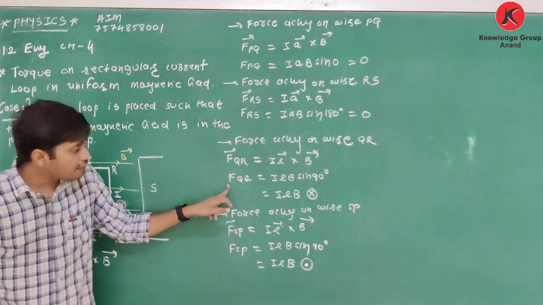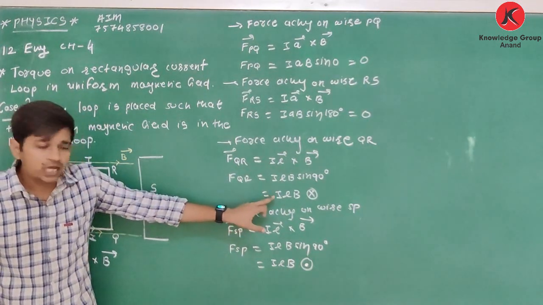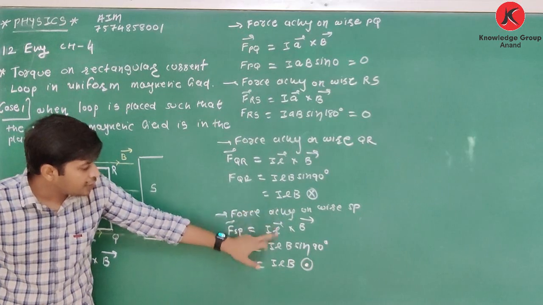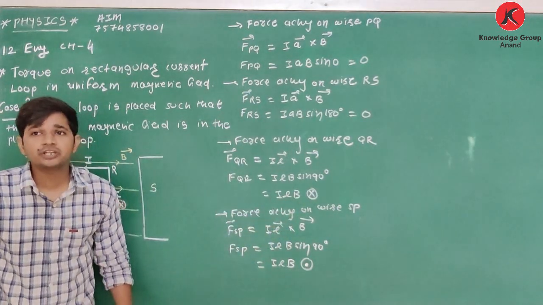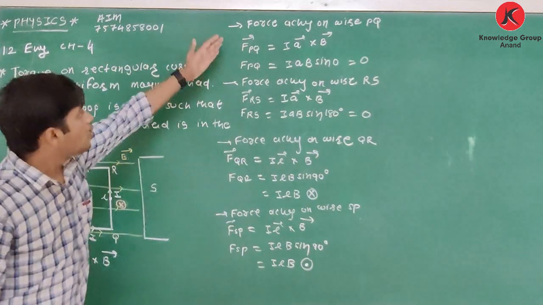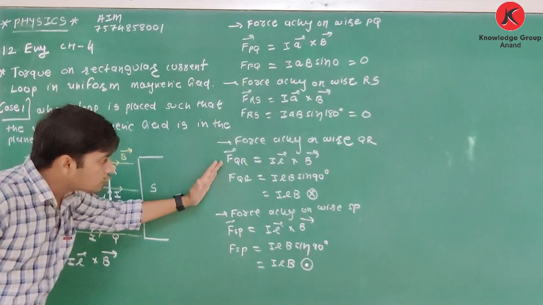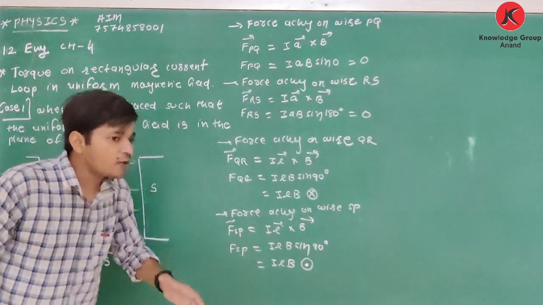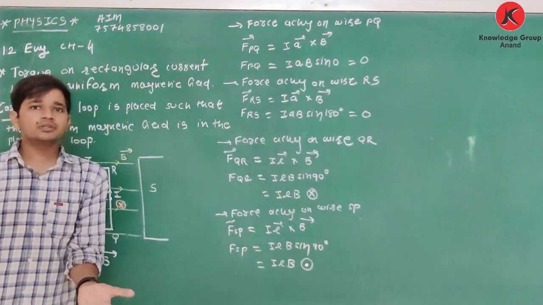Okay, so see, F_QR and F_SP on both wires, forces are acting of equal magnitude and opposite direction. So what is the resultant force? Force on wire PQ is 0, force on wire RS is 0, force on QR and SP are of equal magnitude and opposite direction, so the resultant of them is 0.